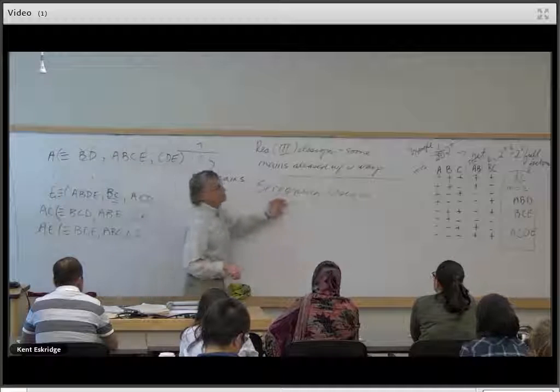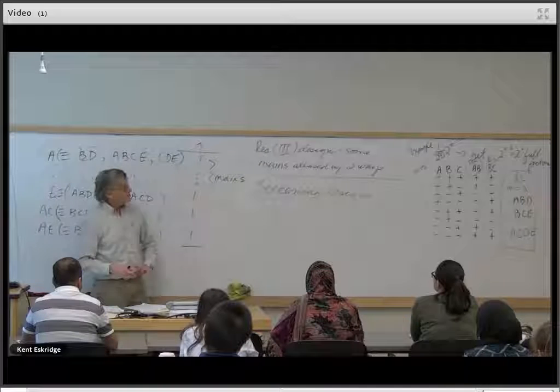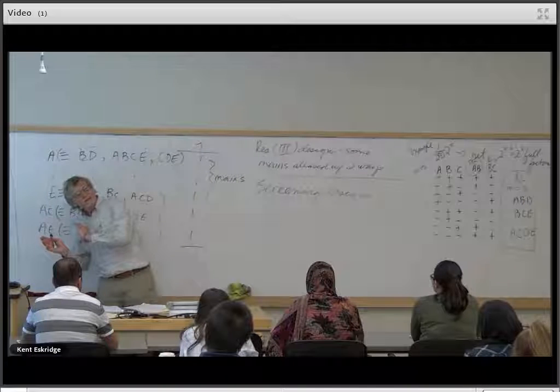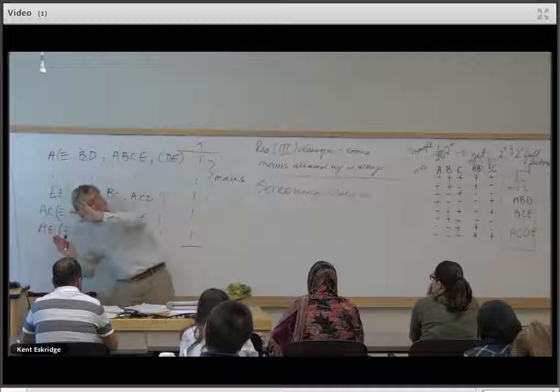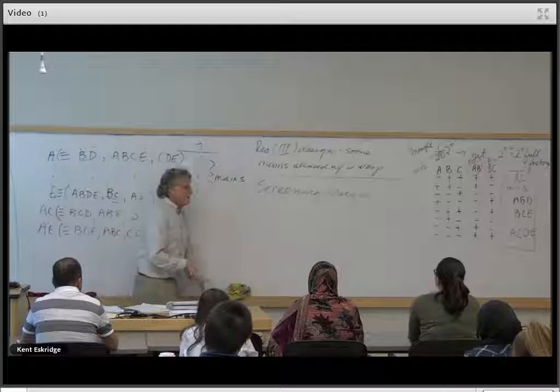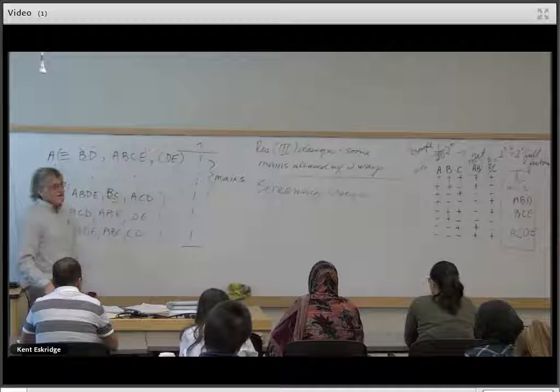But why not take this to the limit? That's what I mean by screening designs. George has got 50,000 SNPs, right? I want to screen 50,000 SNPs with about a couple hundred lines. That's a screening design.